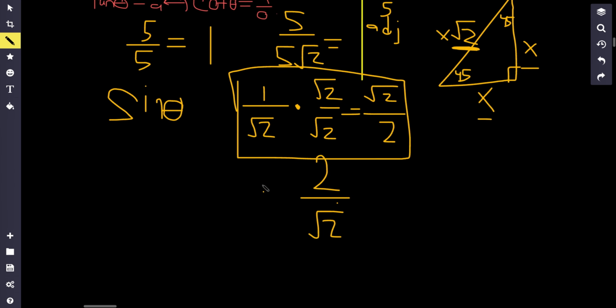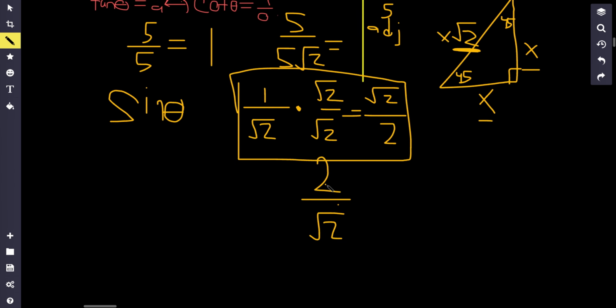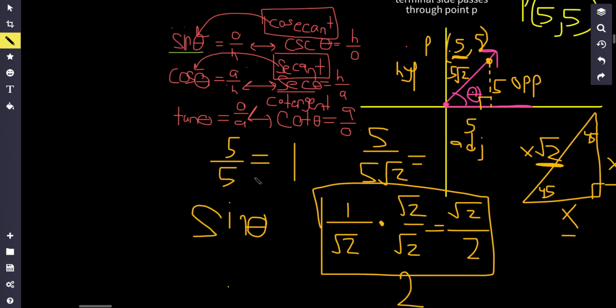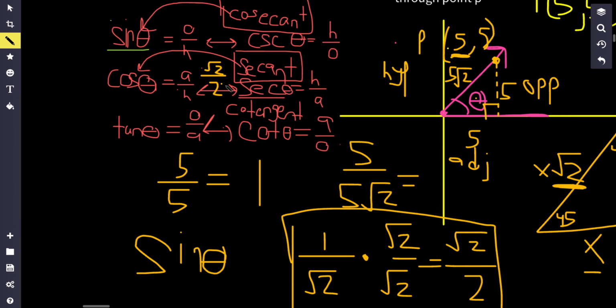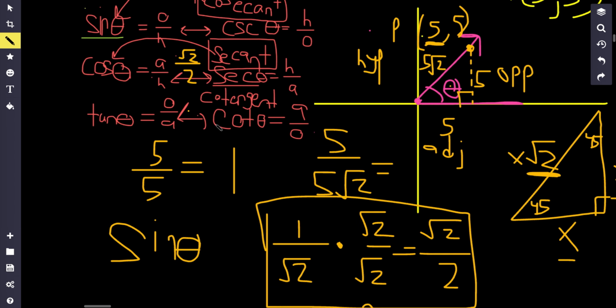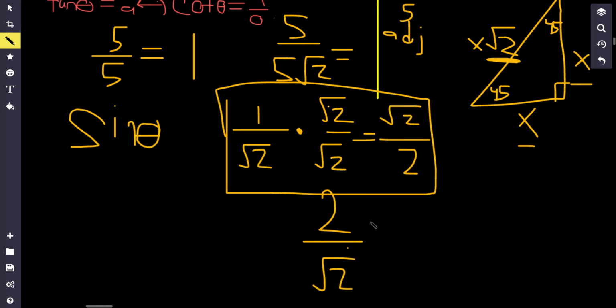So it's just going to be 2 over radical 2. We know cosine of theta is equal to radical 2 over 2 in this case, because it's the same value as sine of theta. So that means that secant of theta has to be 2 over radical 2.